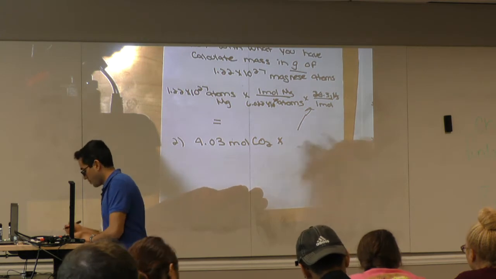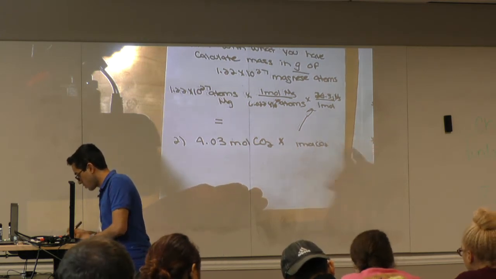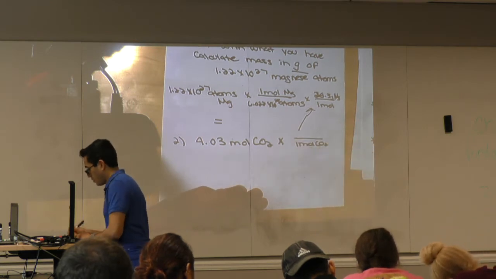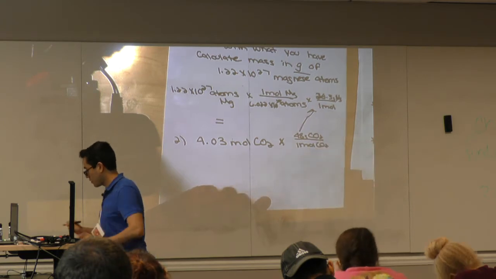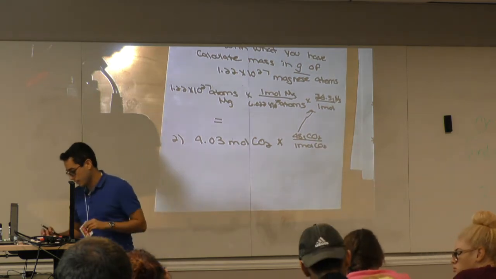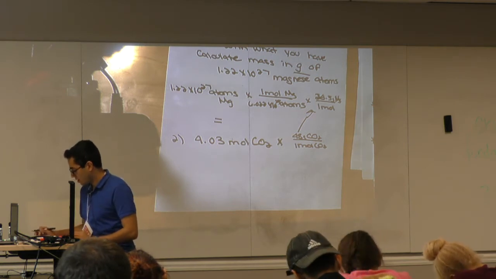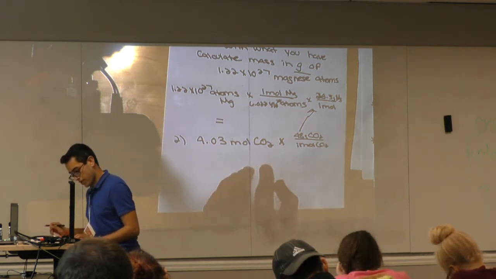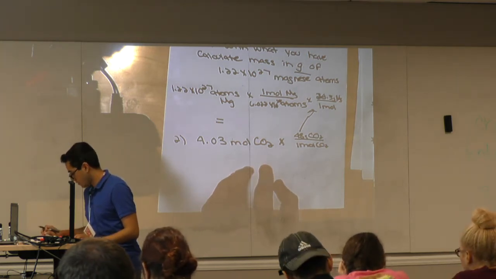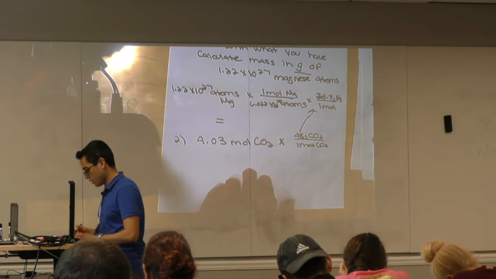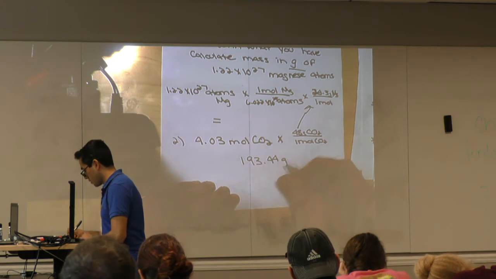So we can just do 1 mole of CO2 over the 48 grams of CO2. And so you should just get 4.03 times that, 193.44 grams of CO2 here.